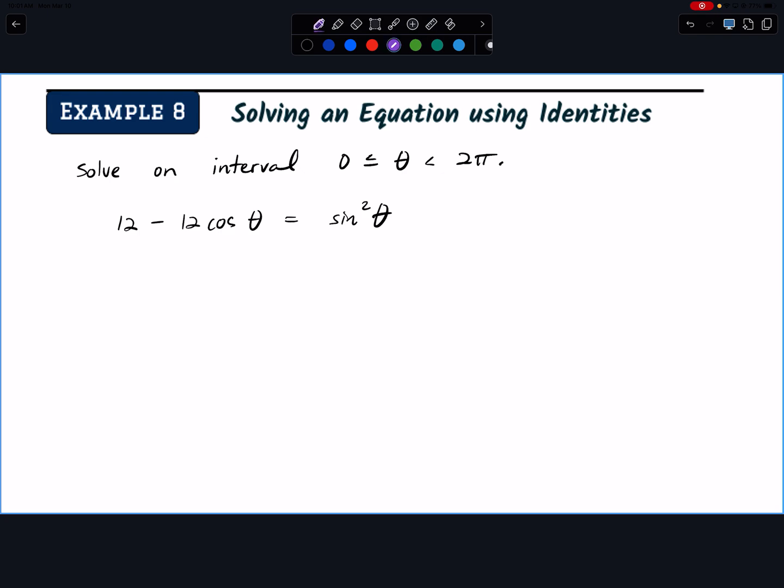So if you guys remember from example 7, that sine squared theta is the same thing as 1 minus cosine squared theta. Okay, so I'm going to take this and replace it with that.